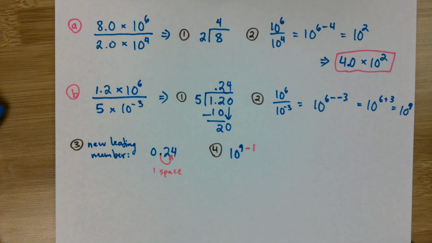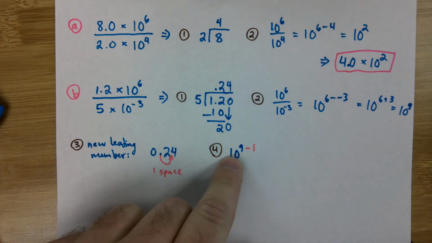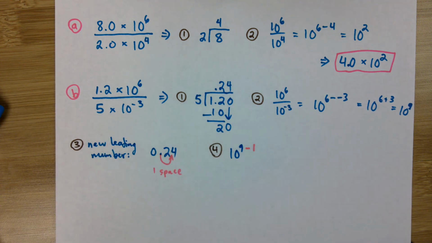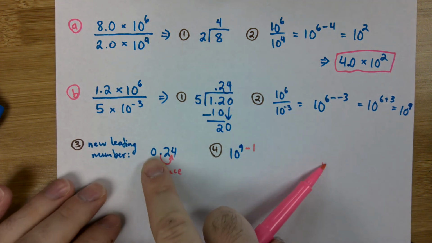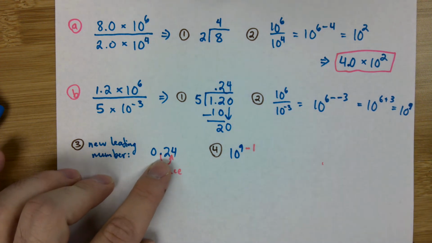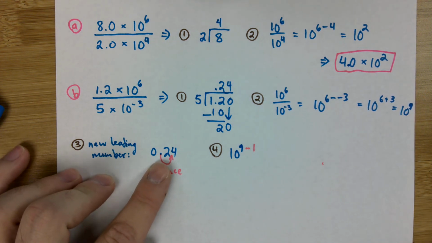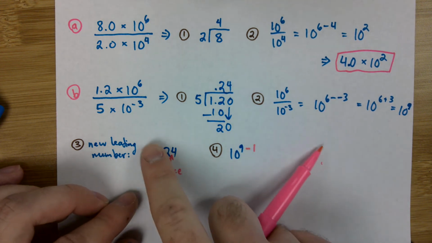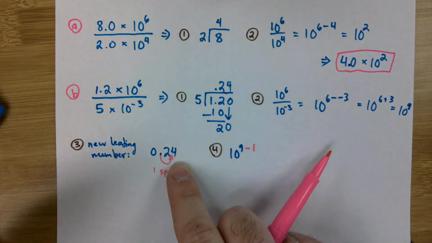And the reason why we have to subtract a power is because whenever we divide two numbers together, we get something smaller, right? Division is a process that makes numbers smaller. So if we added 1 here, we'd be increasing our number 10 times, right? We'd be adding a power of 10. 0.24 is a small number, right? It starts with a 0. It's less than 1. So when we move that to the right, on Friday we were moving the decimal to the left.